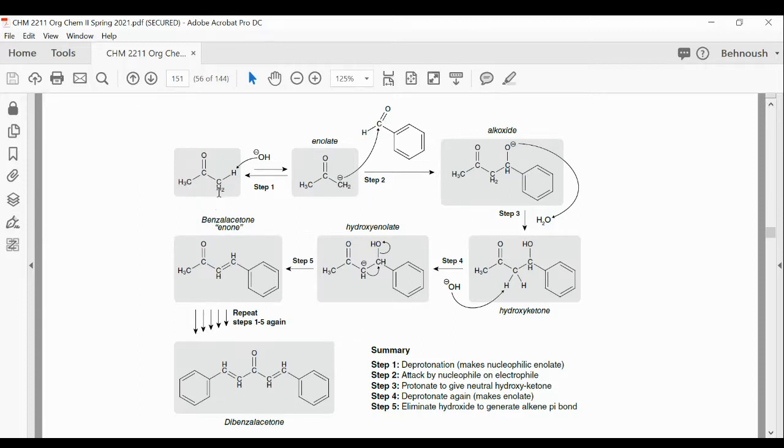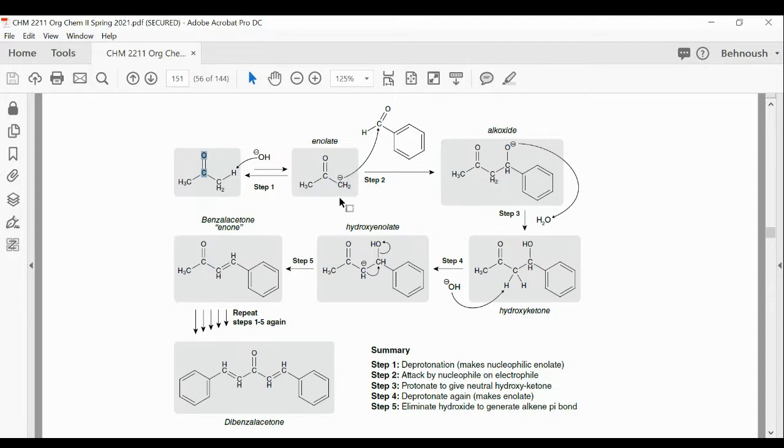Acetone has alpha hydrogens, which are the hydrogens on the carbon adjacent to the C=O double bond. So we have alpha hydrogens on the left and right side. When you mix that with sodium hydroxide, because alpha hydrogens are acidic, it's going to remove one of these hydrogens. You end up with an enolate ion.